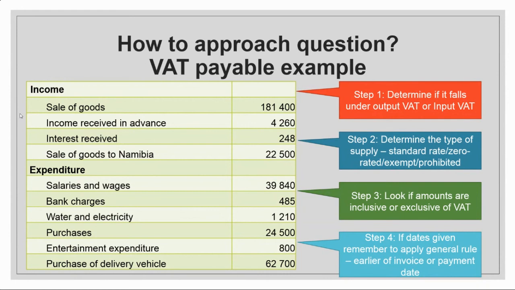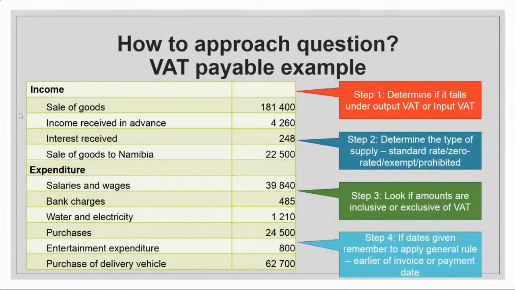Okay, so Mantikane says sales to Namibia, yes. Sales to Namibia is seen as an export, so that would be a zero-rated sale. Yes, that's correct. Anything else that you see that might potentially be a zero-rated or exempt supply? Okay, so Alzana says entertainment.